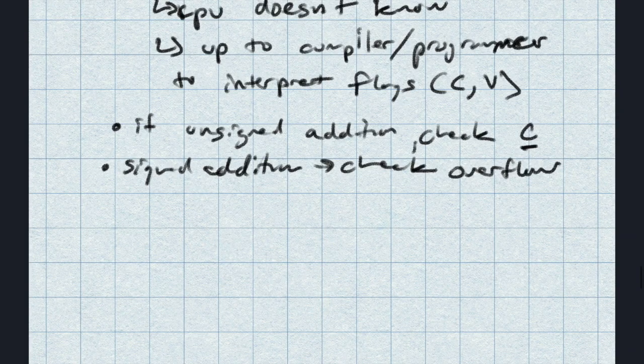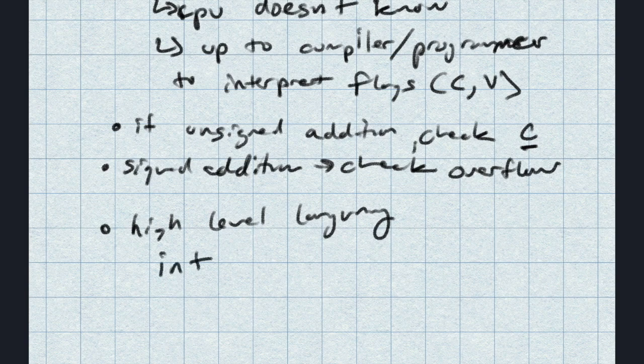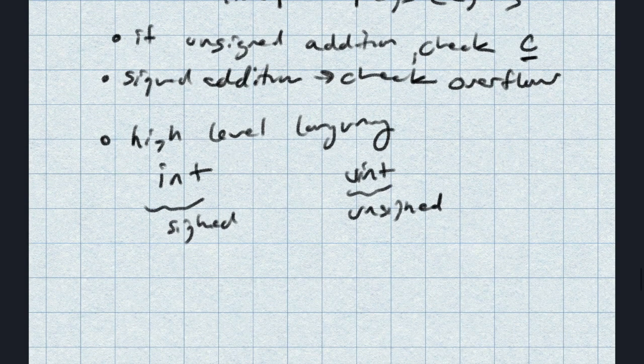When we're using a high-level language like C, the compiler knows based on how this is declared in your code. So in a high-level language, we declare that something is an int, which means signed, or a uint, which is unsigned. And that helps the compiler interpret what's going on.